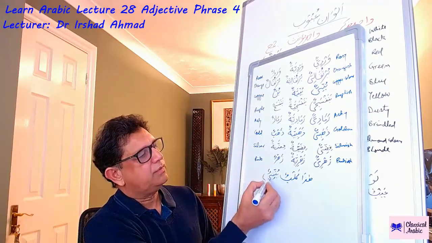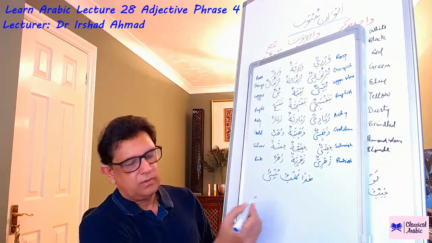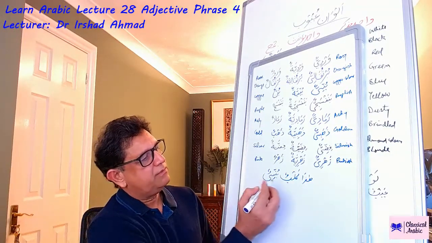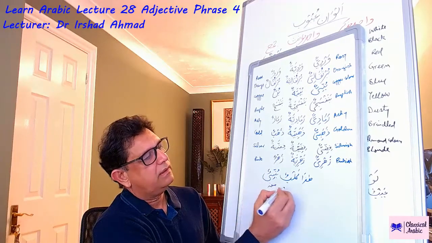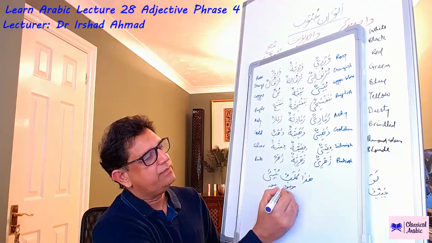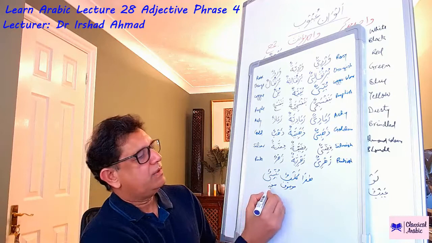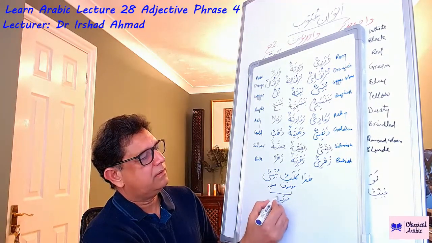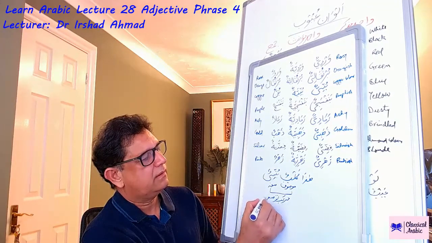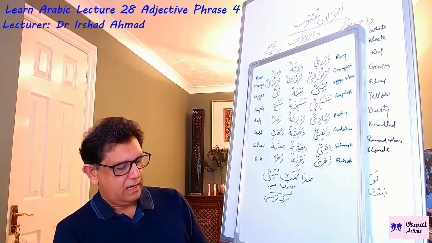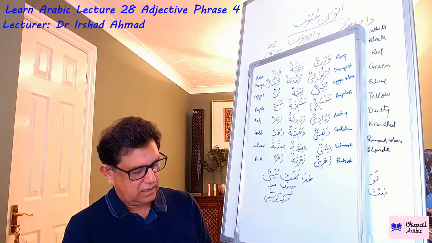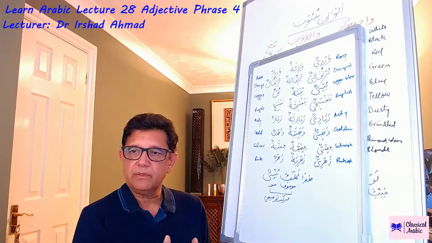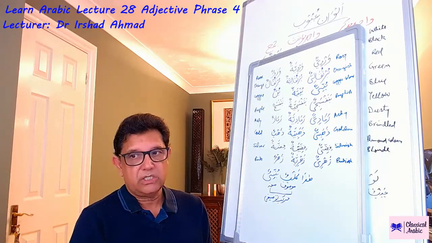Haza kalbun buniyun. So here what we have, this is our sifa and this is our mawsuf, right? And mawsuf and sifa combine to make murakkab tawsifi. And then we have haza, which is our demonstrative pronoun, ishara.